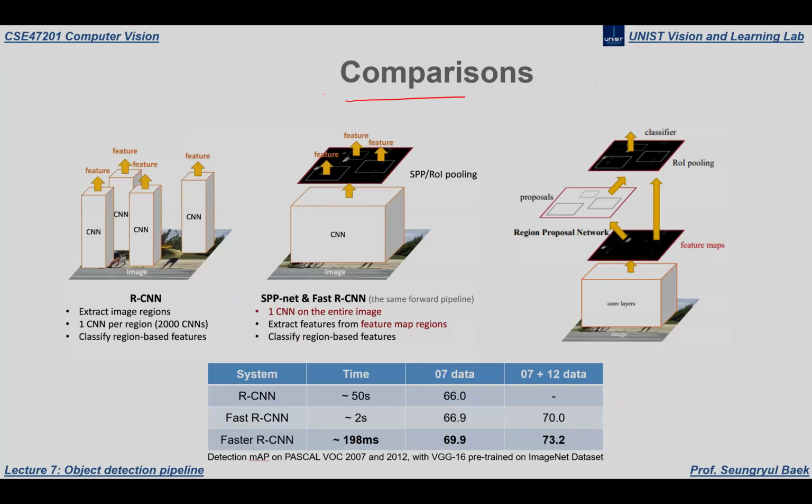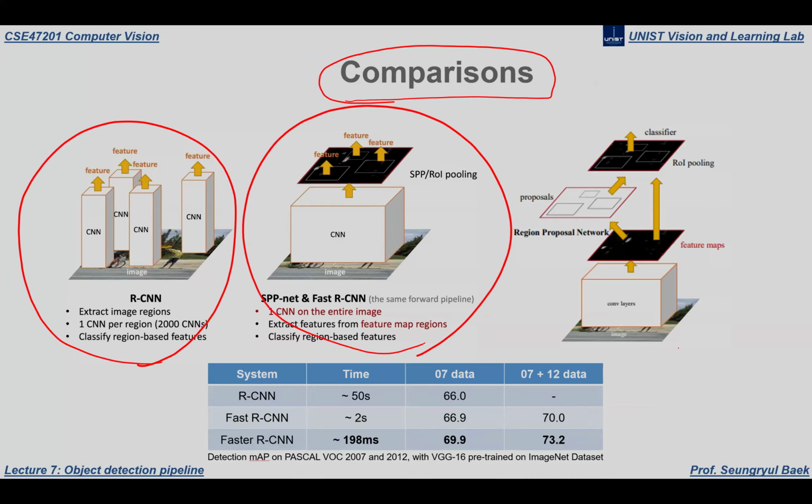So this is the comparison of these three architectures that could achieve object detection using the CNN pipeline in the early years. So this is RCNN, Fast RCNN, and this is Faster RCNN. RCNN extracts features for all the image regions, one CNN per 1,000 to 2,000 regions.